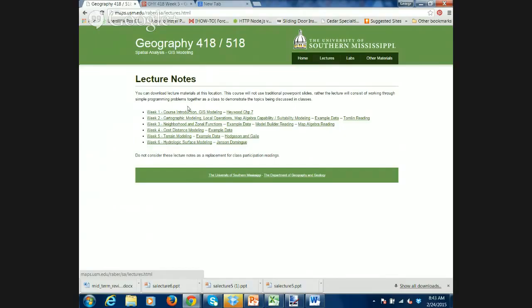What you should be able to know is, for each of the different types of modeling techniques that we went over, hydrologic modeling, terrain modeling, cost distance modeling, one of the keys is going to be knowing what the cell values represent in a particular operation.